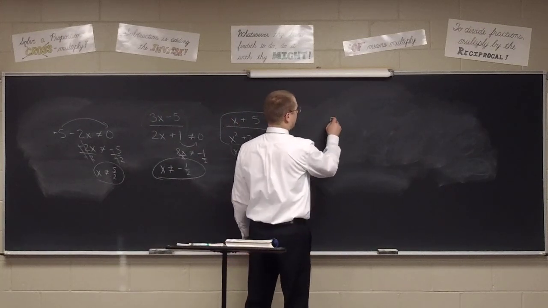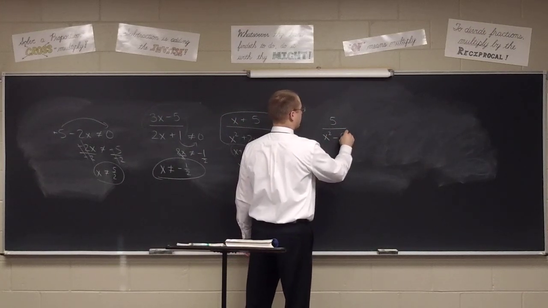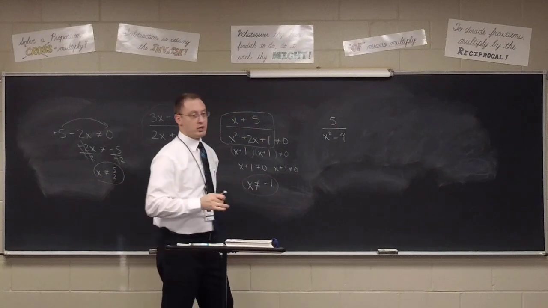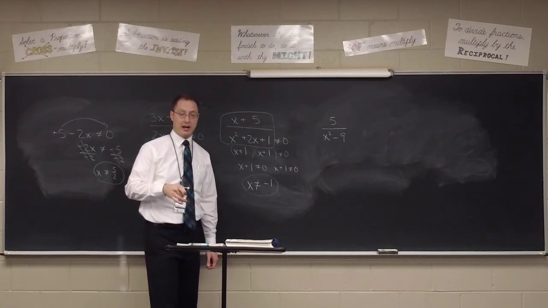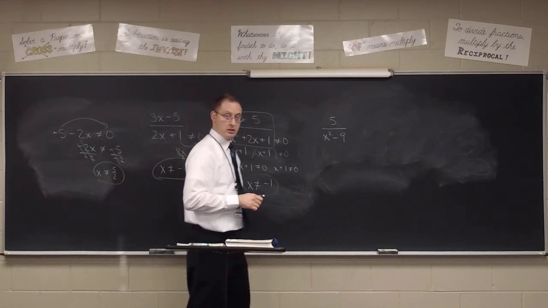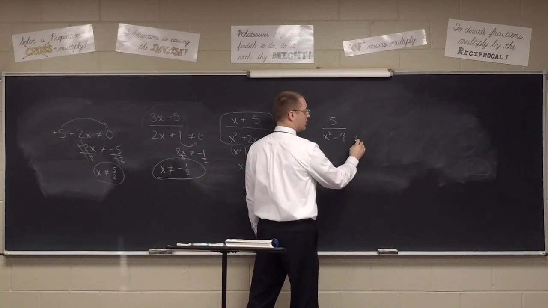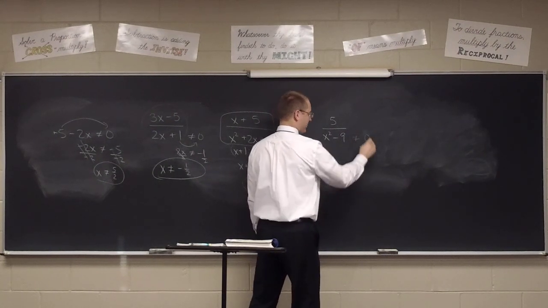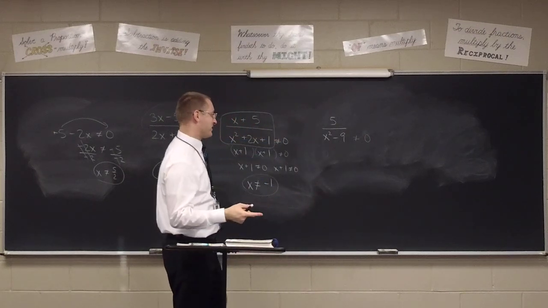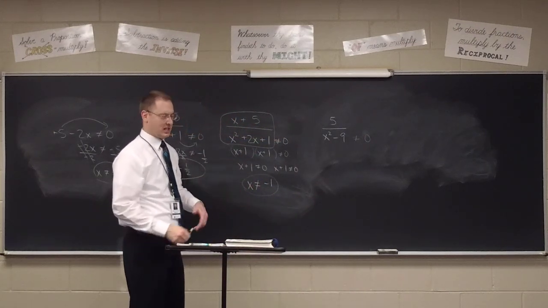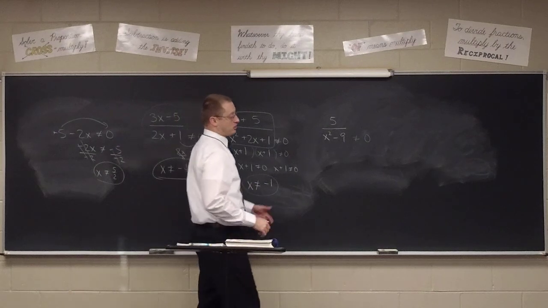Take a look at the next one. 5 over x squared minus 9. What do we need to do to determine our excluded values, Noah? Not equal to 0. There we go. Not equal to 0. We're used to setting it equal to 0. Now we're setting it not equal to 0.